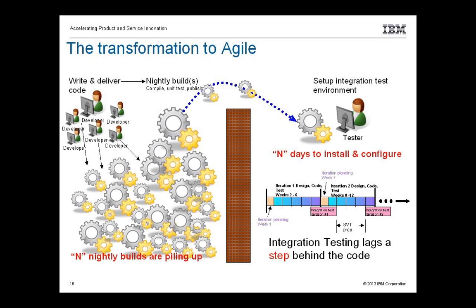And if you look at a model like that where I defer some of my testing of the iteration 1 code into iteration 2, if I find a defect in that code and I take that defect back to the developer, they have to roll back their environment so they can start to prove out what was the cause of this issue, and that's going to slow them down too.